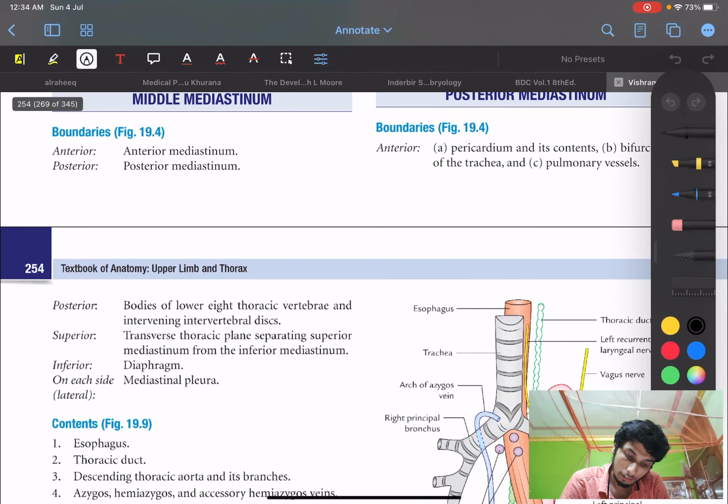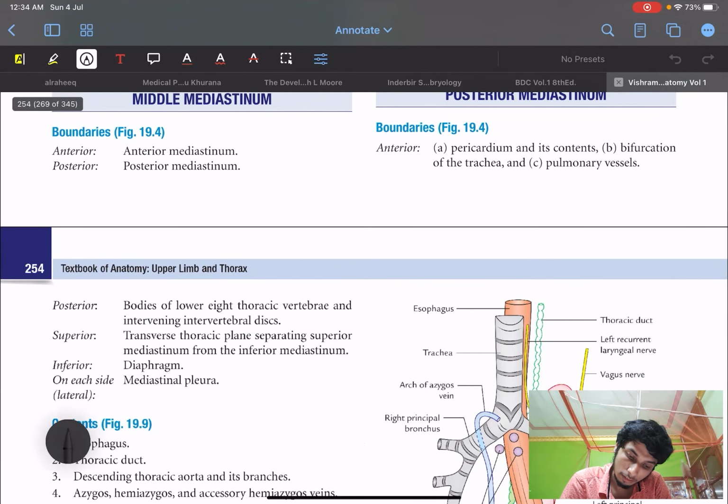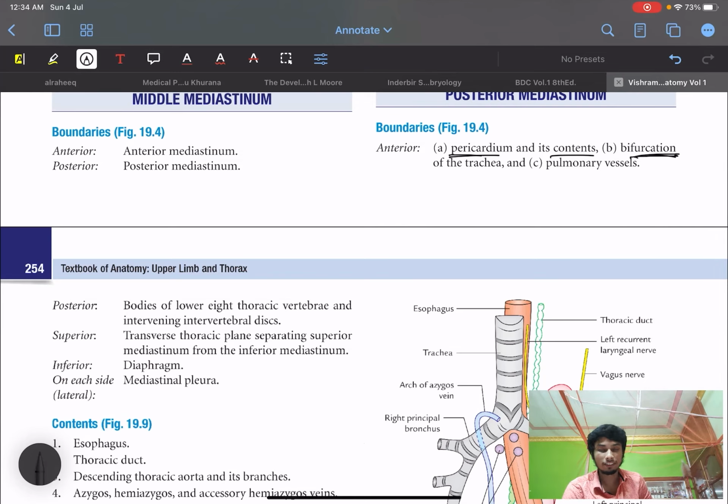We already discussed the boundaries: anteriorly the pericardium and its contents, and the bifurcation. Remember this, it is a tricky thing to remember, but you should not forget. Also, anteriorly there is the trachea. The trachea lies between the middle and posterior mediastinum. Let me show you.